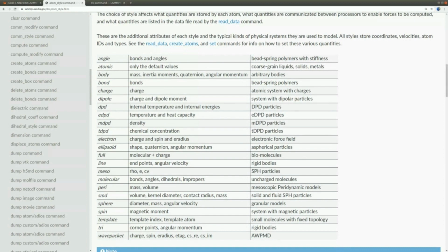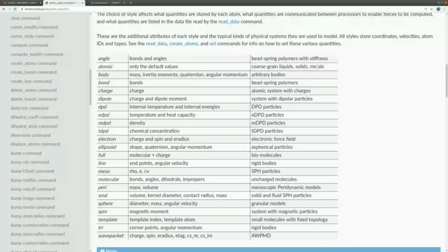And things like that. This middle column tells you what they add to the basic atomic package that we're currently using. And then this last column tells you, here's some things you can simulate with. So for instance, at the moment, we're only looking at coarse-grained liquids, which a Lennard-Jones fluid is very much. Could also do coarse-grained solids and metals.